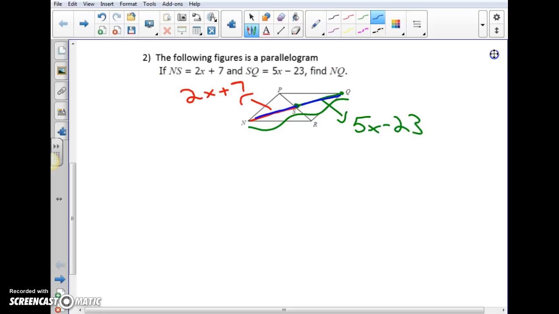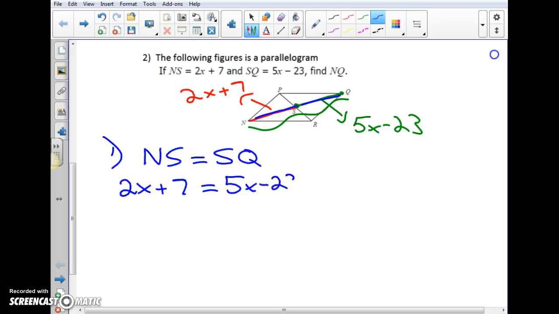So the first thing I need to do is actually find what x is. So I'm going to use the fact that diagonals bisect each other. So I'm going to say, well, NS has to be equal to SQ. So filling in, I've got 2x plus 7 equals 5x minus 23. Doing the algebra, I'm going to subtract 2x from both sides.